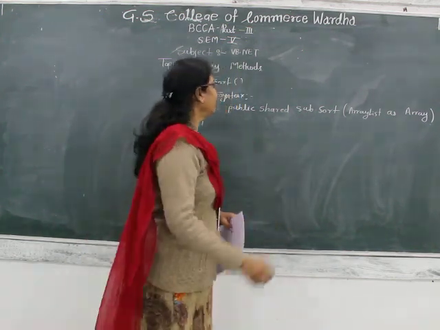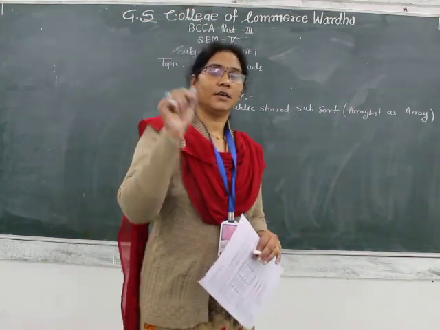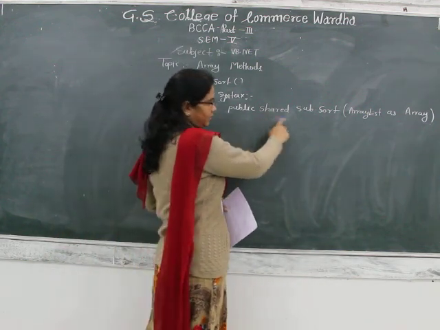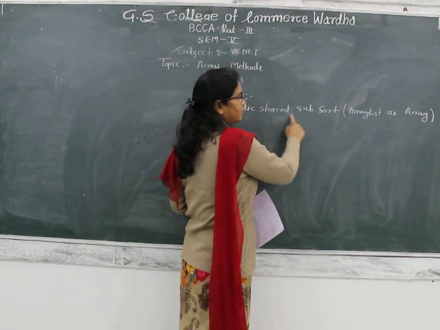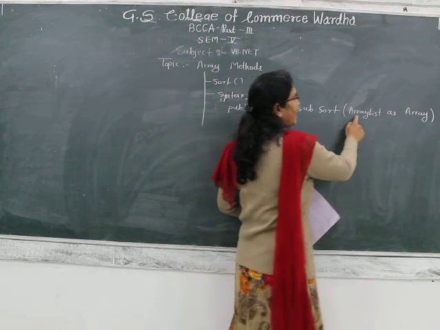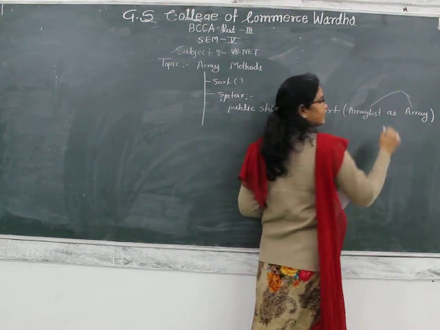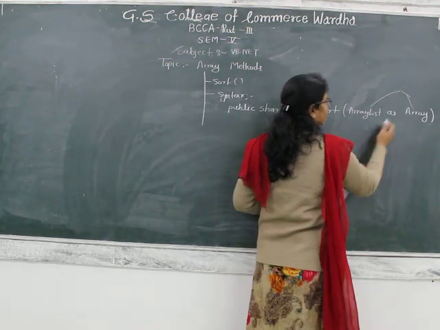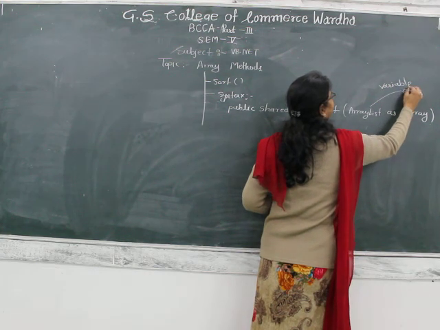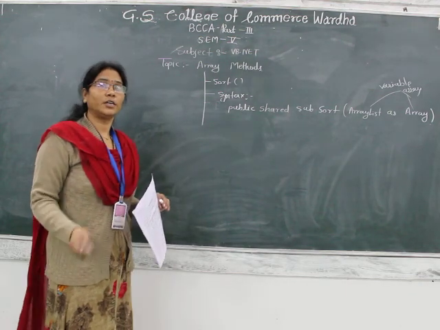The syntax provided by the array class in VB.NET is Public Shared Sub, where Sub means it is a procedure, then Sort is the name of that particular method, and array list as array means the array variable which you declared earlier.